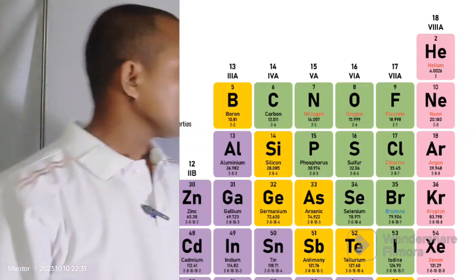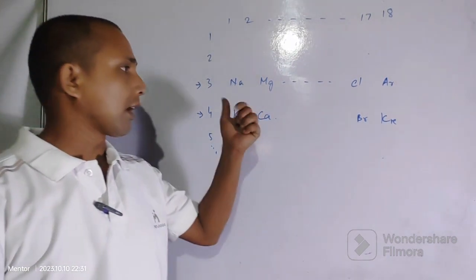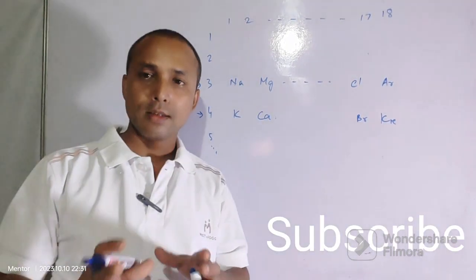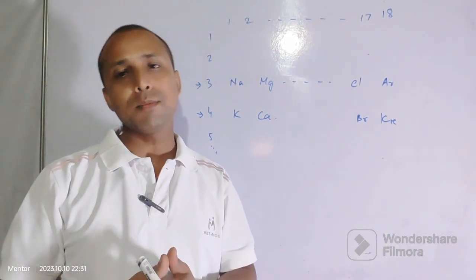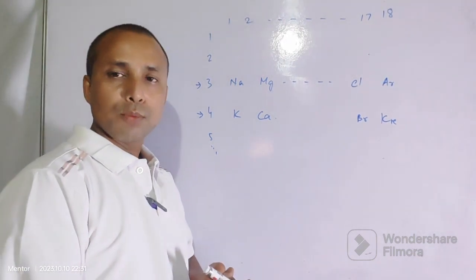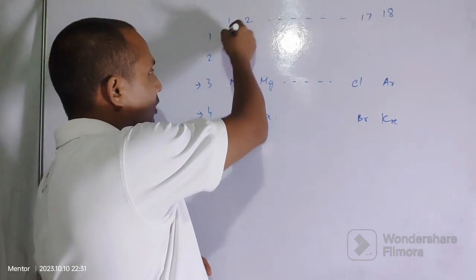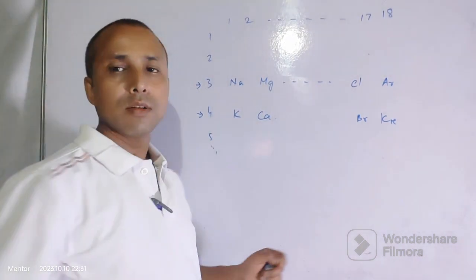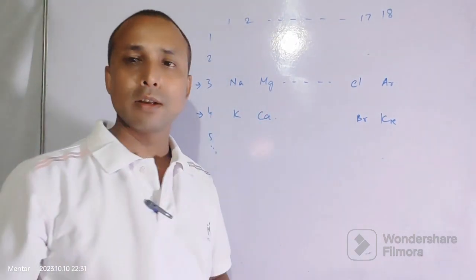Now, to understand the radius, the atomic size, metallic property and non-metallic property, first of all, here are elements in period 3, but they are placed in different groups.